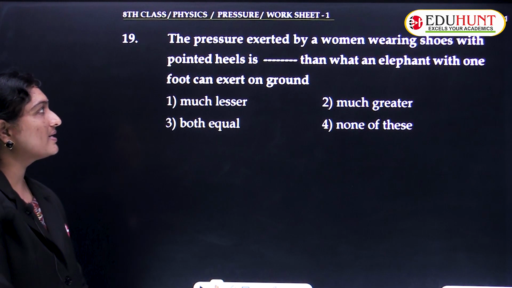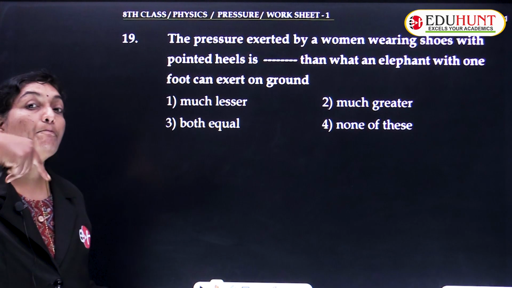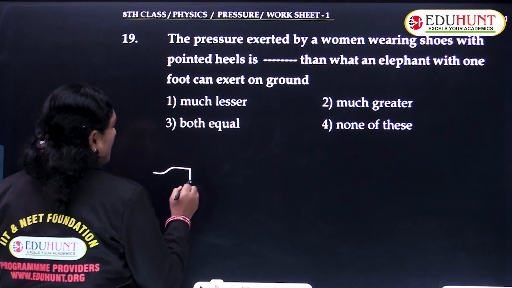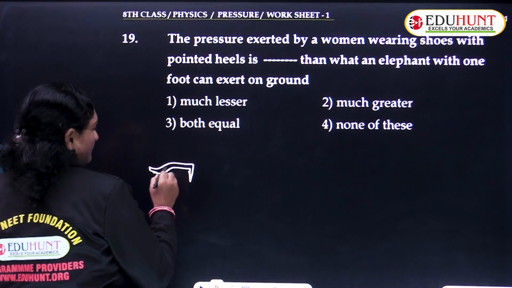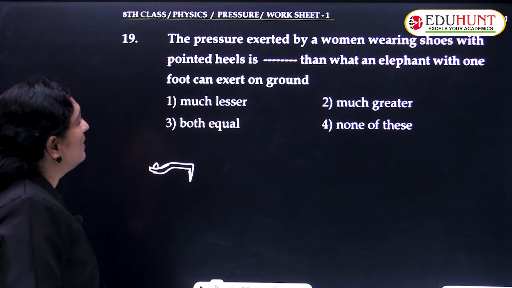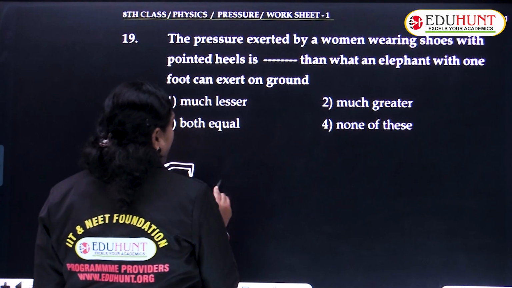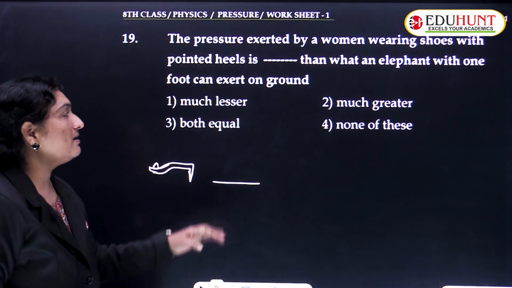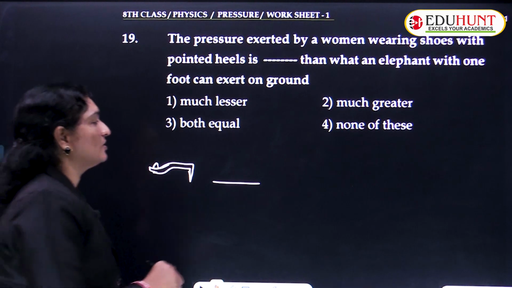The pressure exerted by a woman wearing shoes with pointed heels is dash, then what an elephant. So they are comparing the pointed shoe of a woman with the pressure an elephant with 1 foot can exert on the ground.